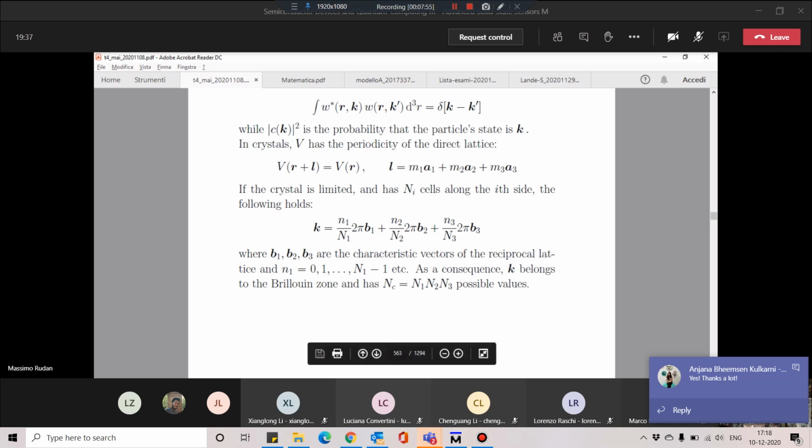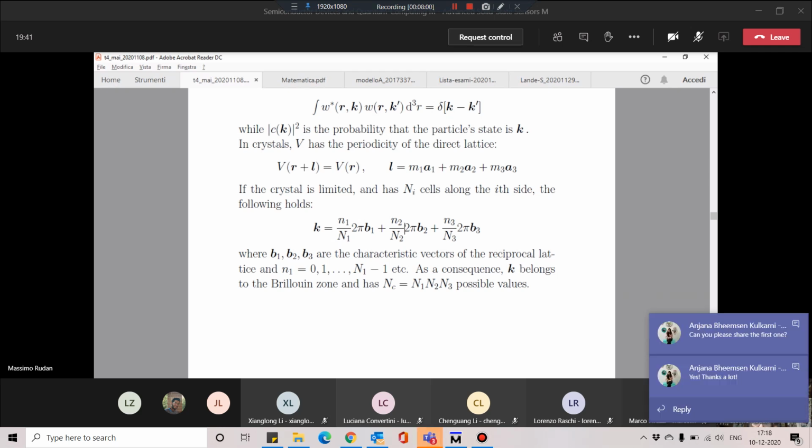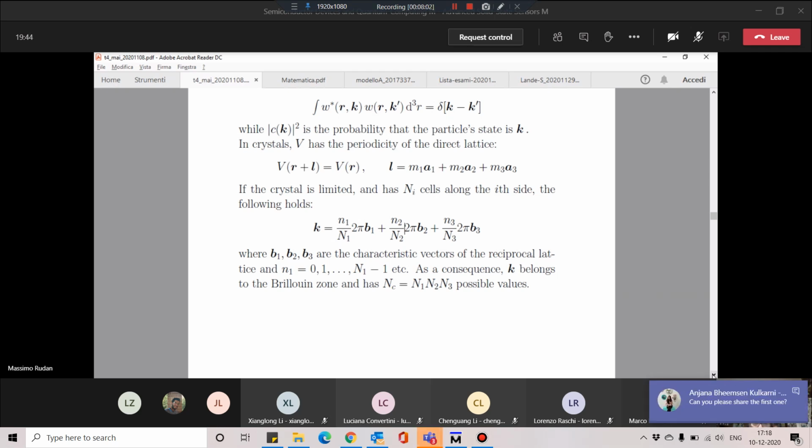Now, in order to try an analytical solution of the Schrödinger equation, we must introduce a number of simplifications. But before starting with any simplification, we can also exploit another result that is fully general. So there is no approximation involved for the moment.